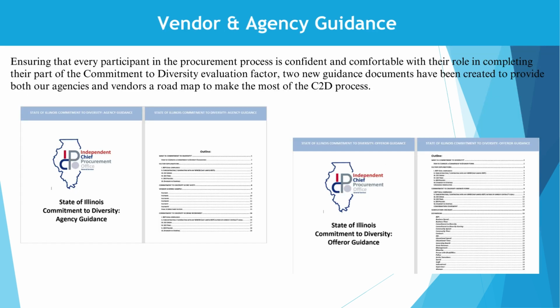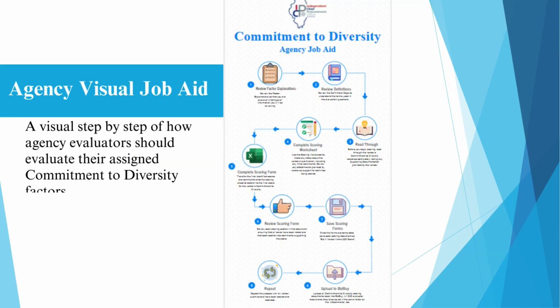Ensuring that every participant in the procurement process is confident and comfortable with their role in completing their part of the Commitment to Diversity evaluation factor, there have been 2 new guidance documents created to provide both our agencies and vendors a roadmap to make the most of the C2D process. On our website, you'll find an agency visual job aid.